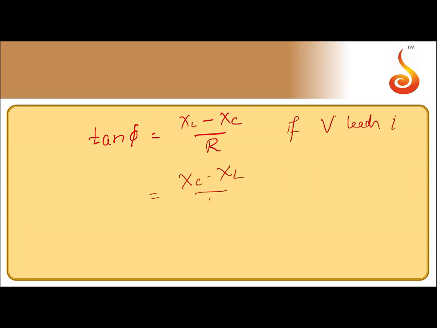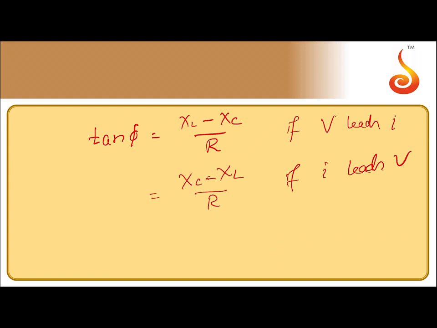You know, in a series LCR circuit, we can write tan phi is equal to XL minus XC divided by R. This is true if voltage leads the current, and this can be written as XC minus XL divided by R if current leads the voltage, right?